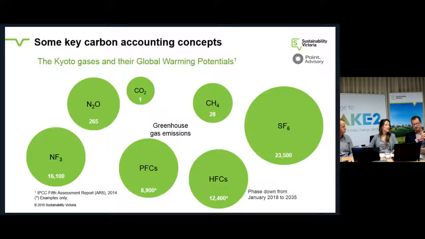No. Probably not. A bit of HFCs from your refrigerants, air conditioners, and stuff like that. And I wouldn't say that there will be a lot of SF6 either. I think it's unlikely. I think it's probably more carbon dioxide, methane, and a bit of nitrous oxide. Yeah. It's probably what you want to focus your attention on.